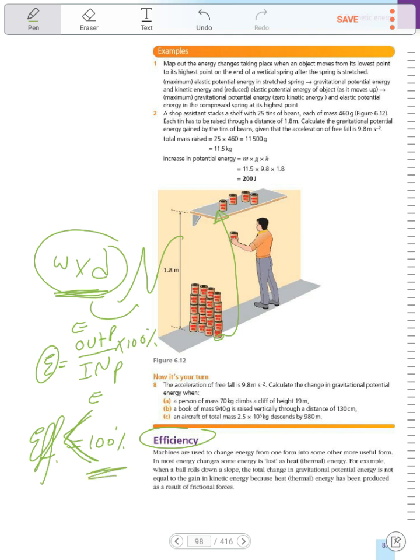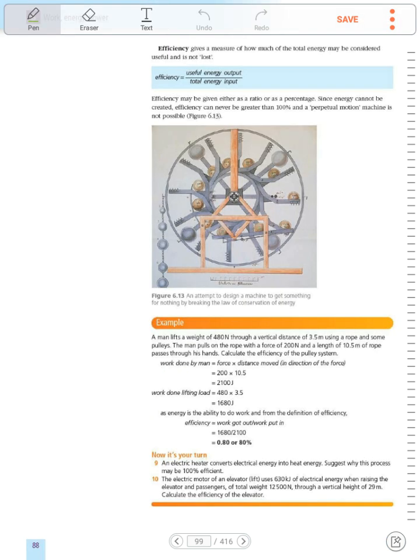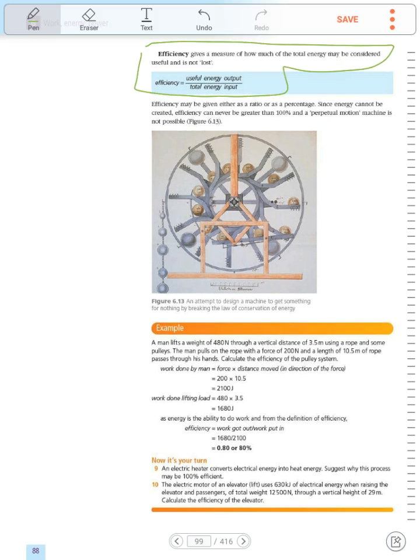Why? Because there is a lot of energy lost, maybe to the surroundings, maybe in moving the object from place to another. So the efficiency gives a measure of how much of the total energy may be considered useful and is not lost. Useful energy output over total energy input.